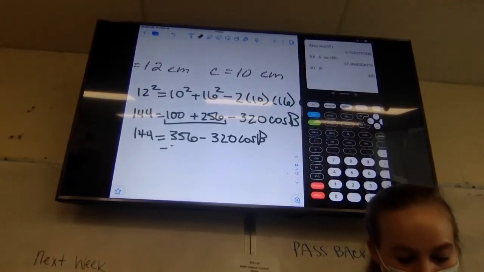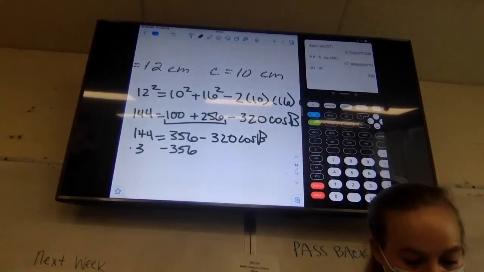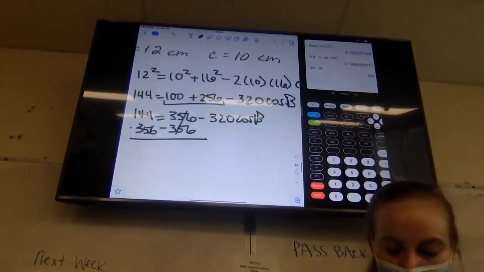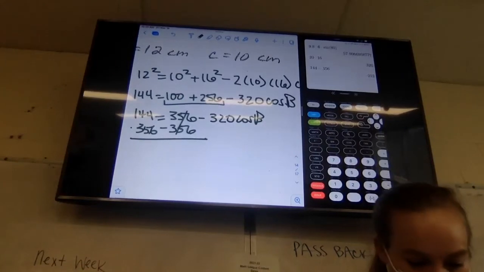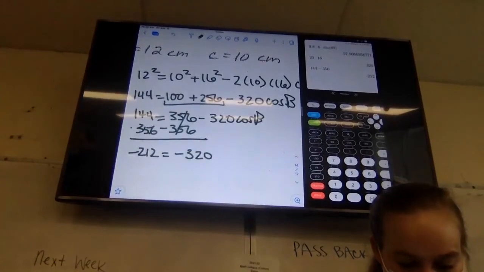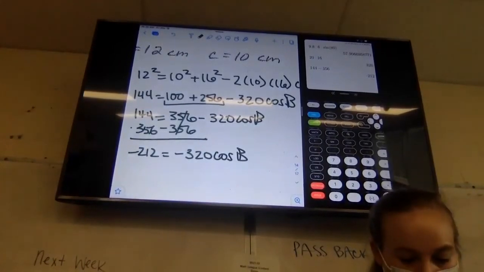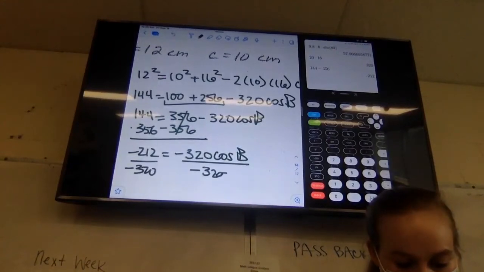And I'm immediately going to minus that 356 so I don't get too confused in my head. So 144 minus 356 is negative 212 equals negative 320 cosine B. Let's divide that negative 320 off of both sides.